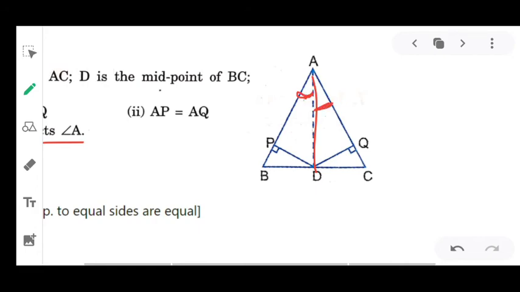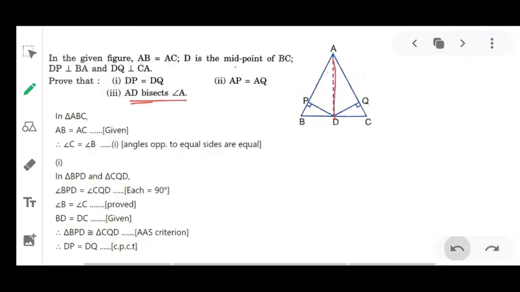You have to prove that. So the first proof is DP equals DQ.